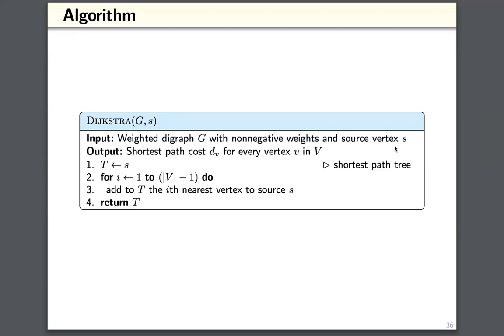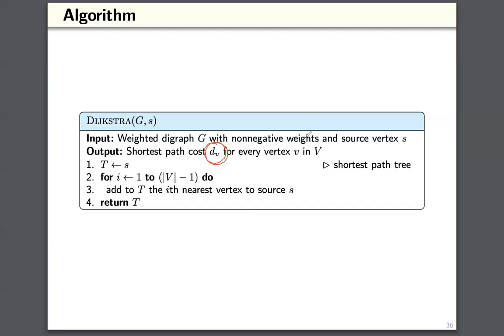Okay, now let's see Dijkstra's. At a high level, what is the algorithm? Shortest path cost, right? Here we are interested in the cost. Let's say d_v for every vertex. So here also we will create a tree.